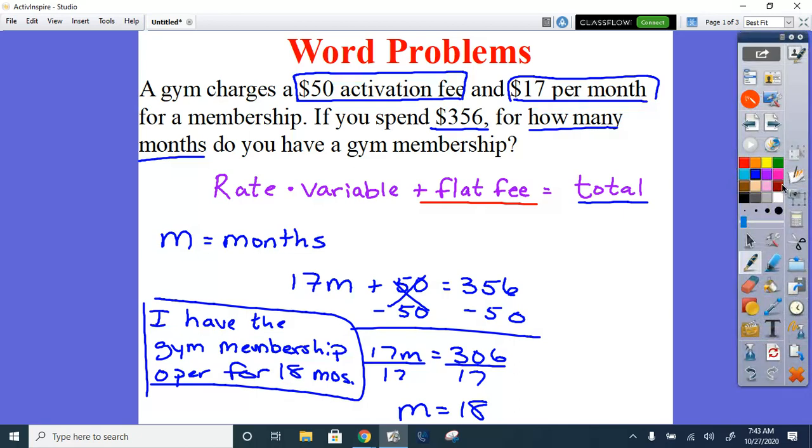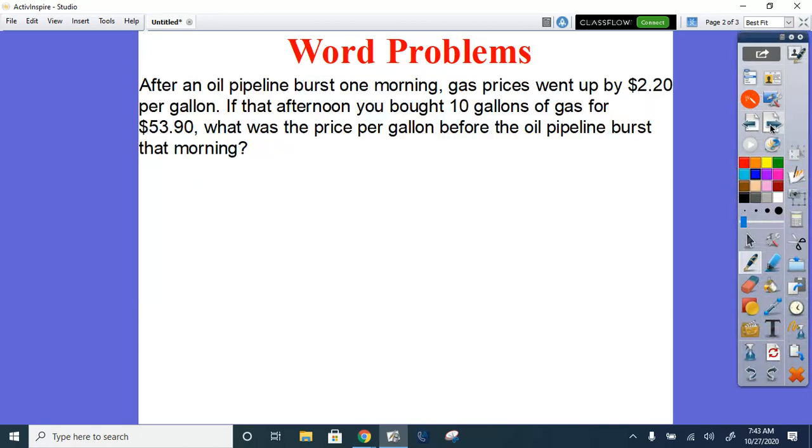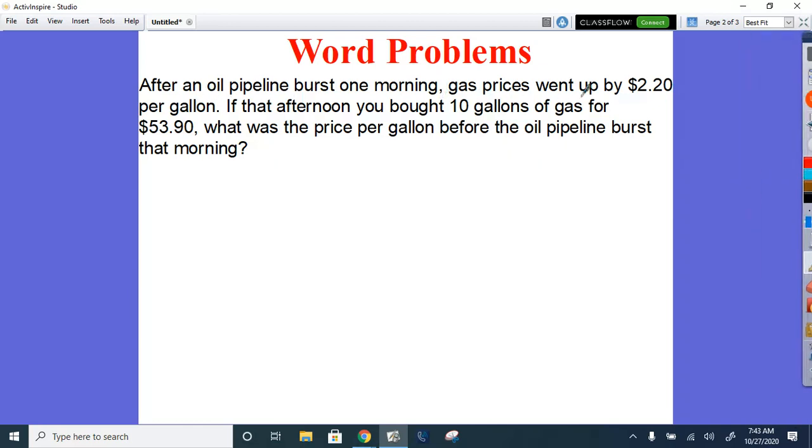Okay, so using that structure, now I'm going to do one more with you. And this is still the same idea. We're just going to branch off of this. We're talking about an oil pipeline and it burst. Gas prices went up by $2.20 per gallon. A little key there, per gallon.